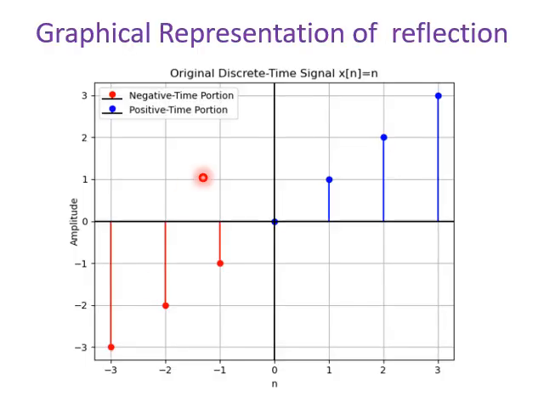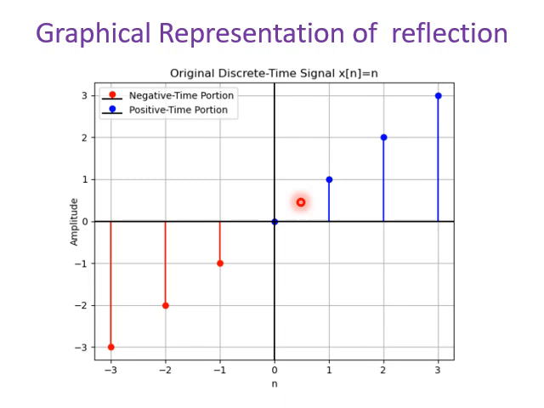So let's have a graphical representation of reflection. Before we talk about reflection, let's look at the original signal. This is a discrete time signal. How do you know? Because the signal exists at discrete intervals of time. For example, it exists at n equals 0, then at n equals 1, but it doesn't exist in between.